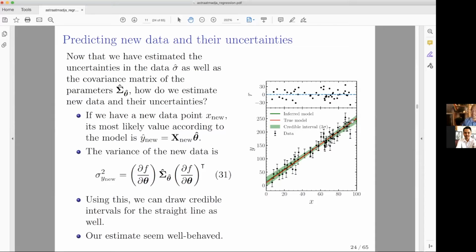Unless we observe something new beyond this line, we can never be sure. So that's a problem. You might say, oh, I observe new data here and the uncertainty is this much, just looking at the trend.